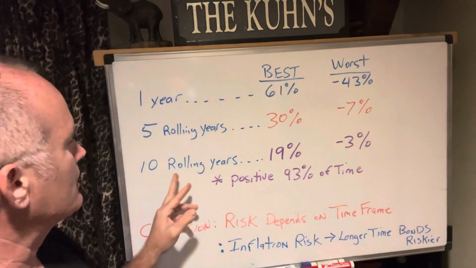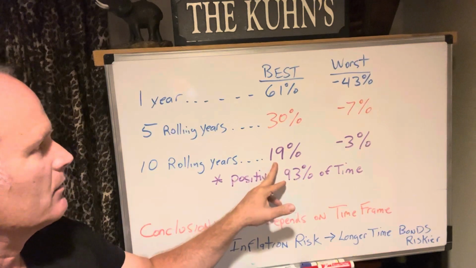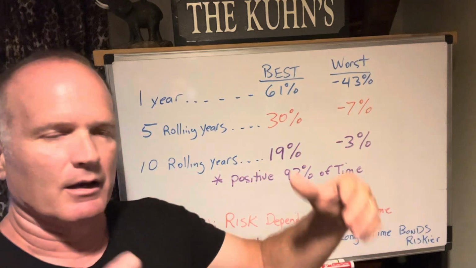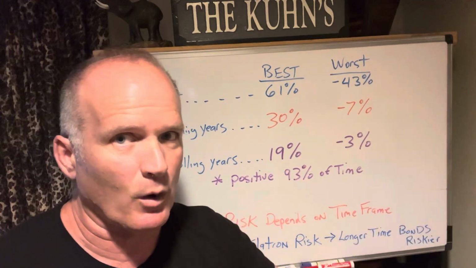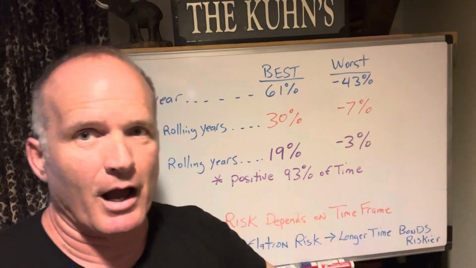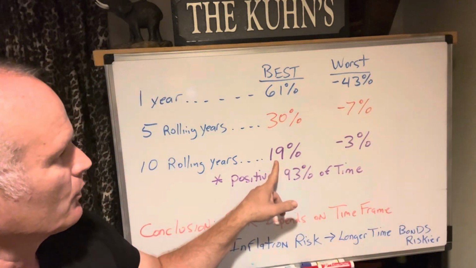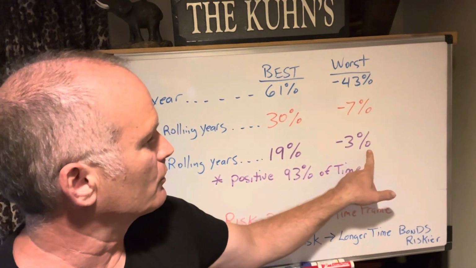Let's take a look at 10-year rolling periods of time. The best returned in 10-year increments, not calendar years, could be February of '39 to February of '49, okay? 19%, and the worst was minus 3%.